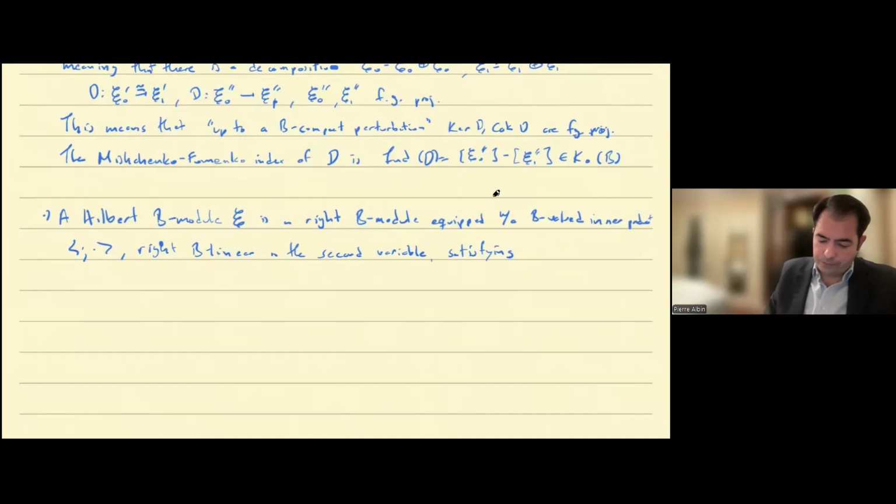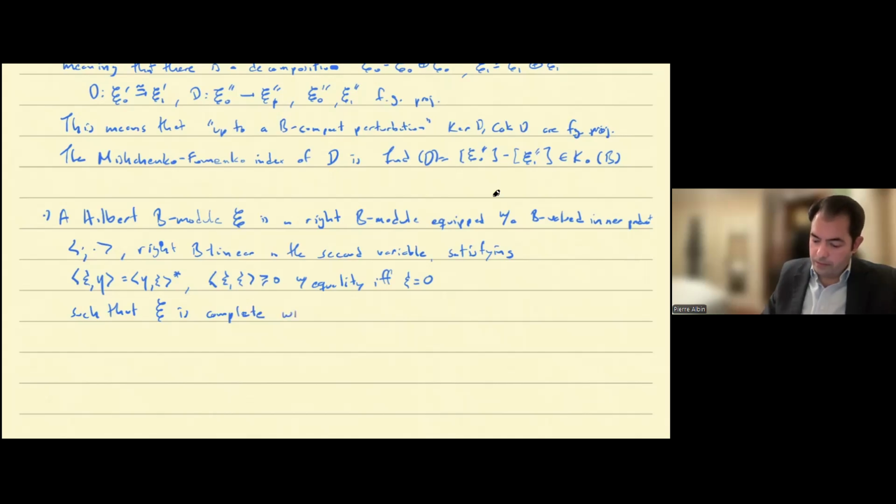Satisfying, well, if you change the order of the elements you're looking at, you get the star in B. If you repeat an element, you get something non-negative in B, with equality exactly when you have the zero element, and such that the space we started with is complete with respect to the norm that you get by taking this positive element of B, taking the norm in B, and then square root.